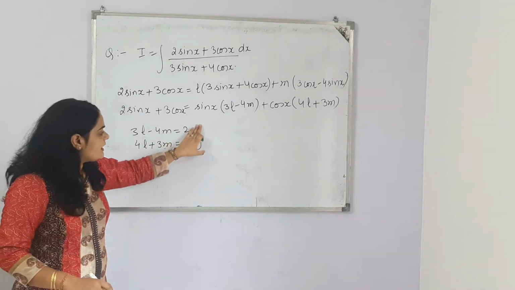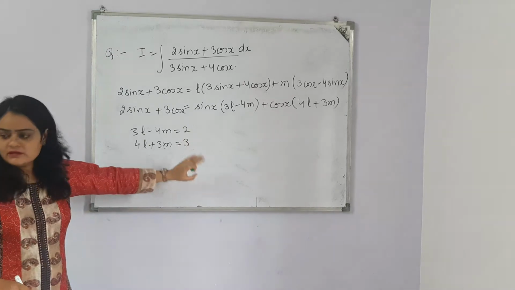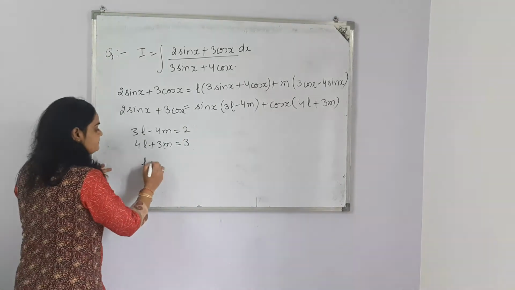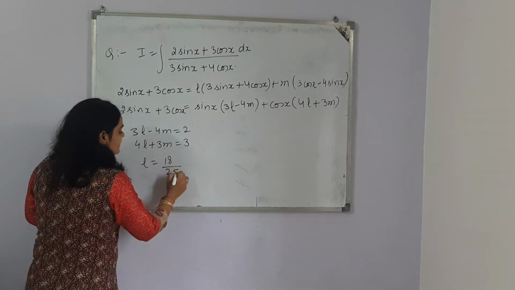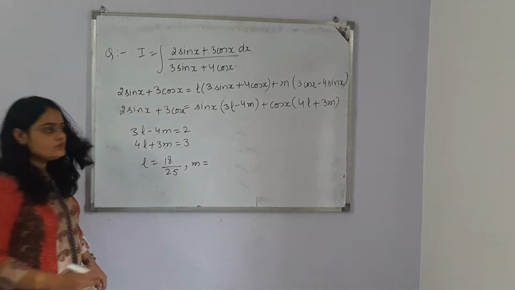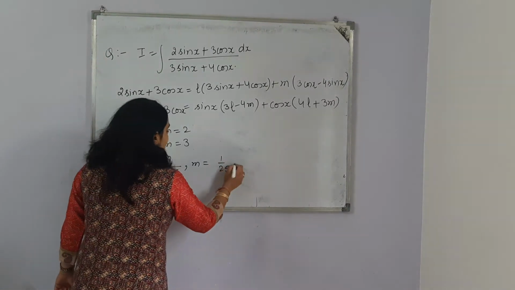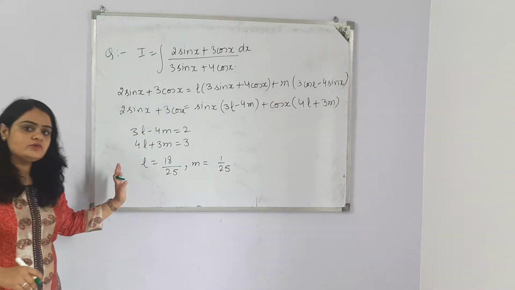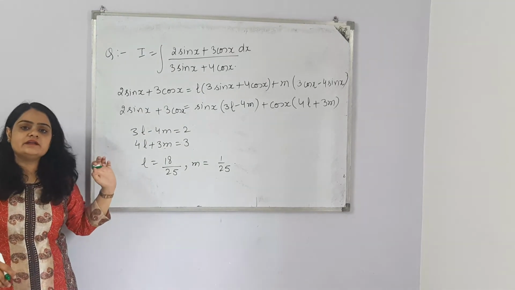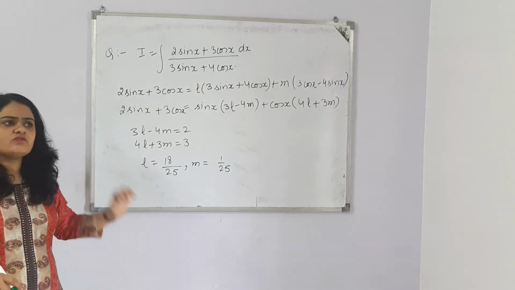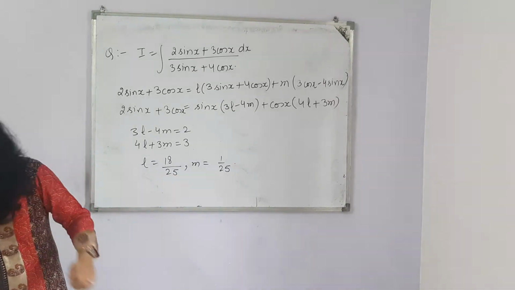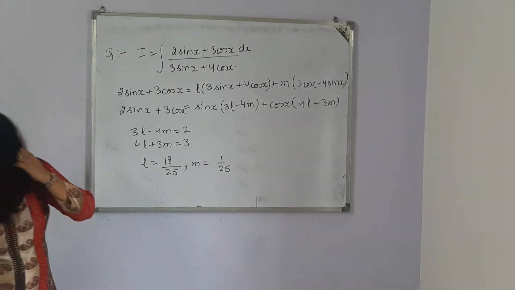I have already found them with the elimination method: L is equal to 18 by 25 and m is equal to 1 by 25.